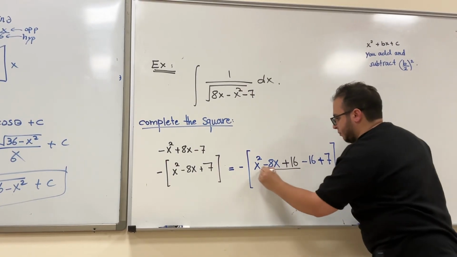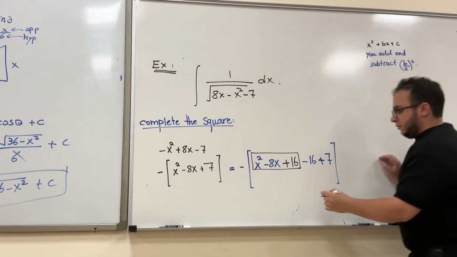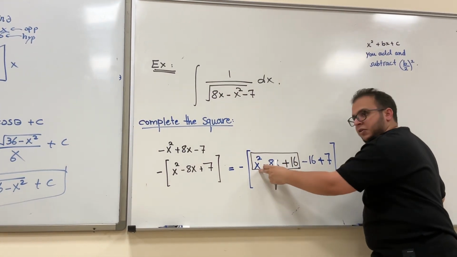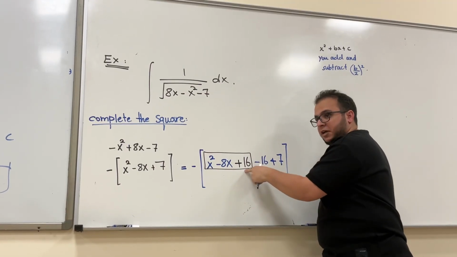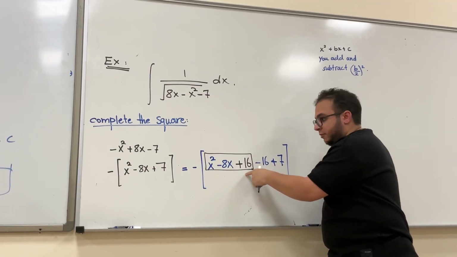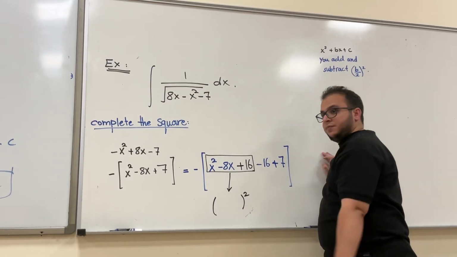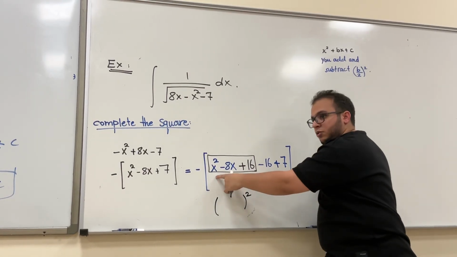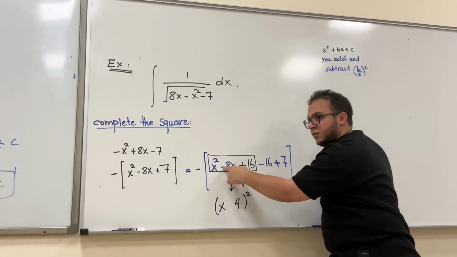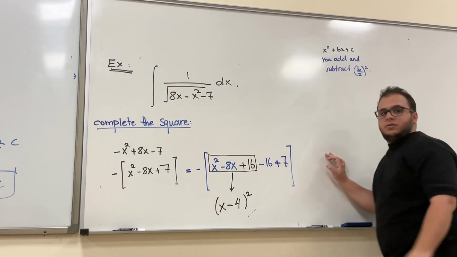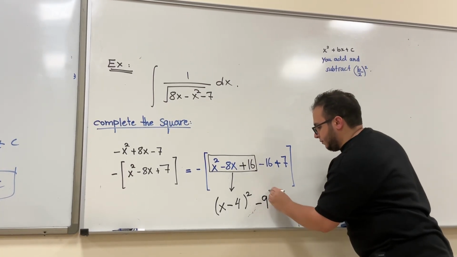Math tells you that this is a perfect square: the x squared term, the x term, and what you add, not what you subtract. This can be written as something squared. The root of x squared is x, the root of 16 is 4, and the sign in the middle is negative. Minus 16 plus 7 is minus 9.